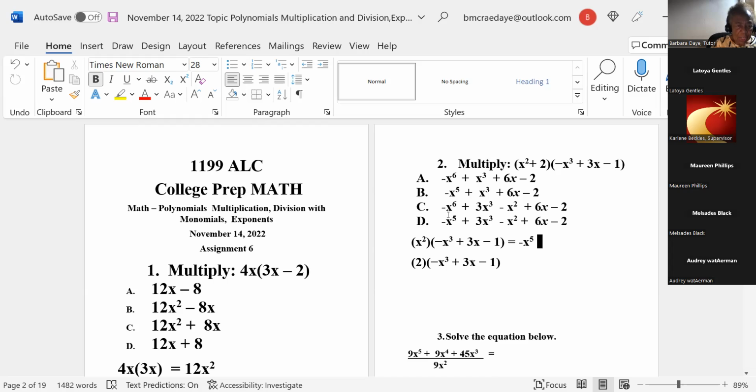So 3, that's a 1, right? Yes. So that would just be plus 3. Mercedes, you following? I was looking at the x to the second power as a minus and the 3 as a plus. No. Mercedes, what do you see? If the default is plus.